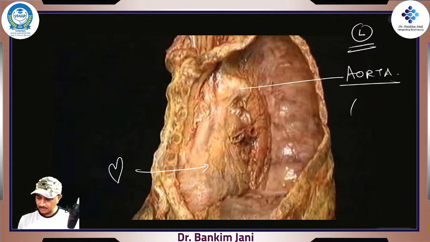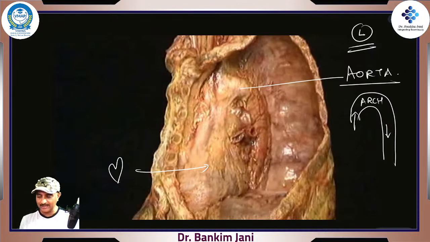From heart, the thing which is coming out, this very classical shape, this one is aorta. Aorta is divided into three parts. It goes like this when we see it in 2D, correct? So this portion we will call the ascending aorta. This one will be the arch of aorta, and this one is the posterior or the descending aorta.